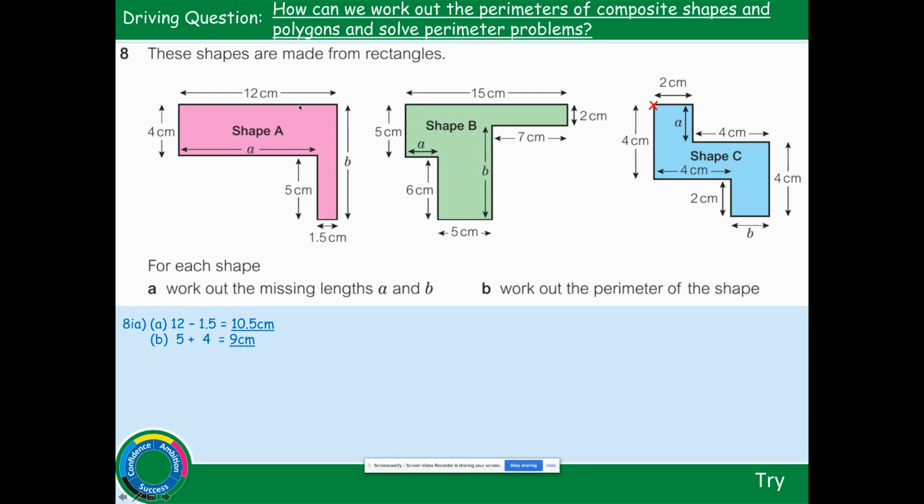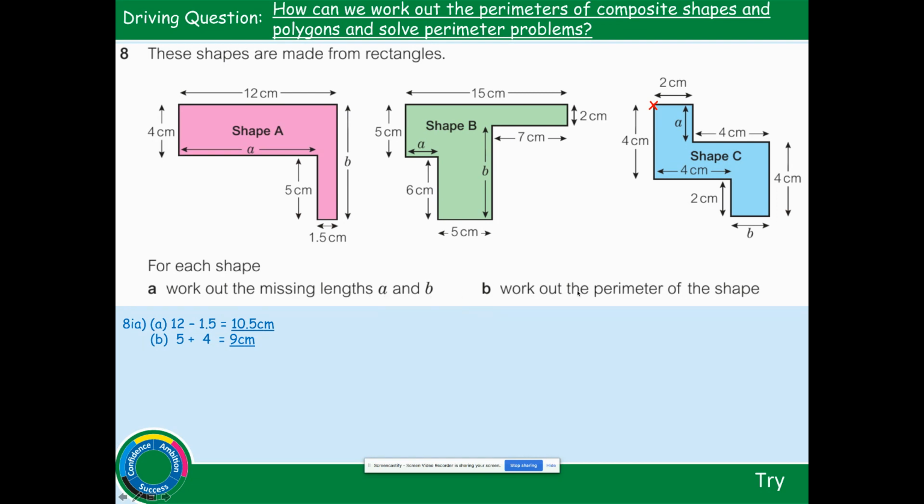Yes, I'm correct. So this vertical height here, I know that I've got 4. If I add 5, I get 9. That will be my total height. This part is 5, this part is 4. Add them together, we get 9. So we've worked out the missing lengths for A and B.